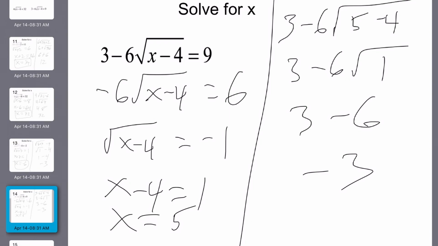And so you can see negative 3 does not equal 9, and so you know that there's actually no solution to this problem. So it's important to always plug your work back in to make sure that you haven't mixed up an extraneous solution with an actual solution. So plug that value back in, just to make sure that x does in fact equal.